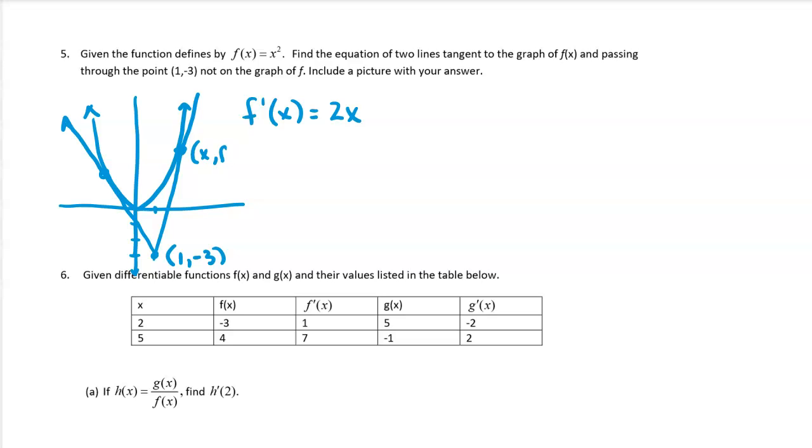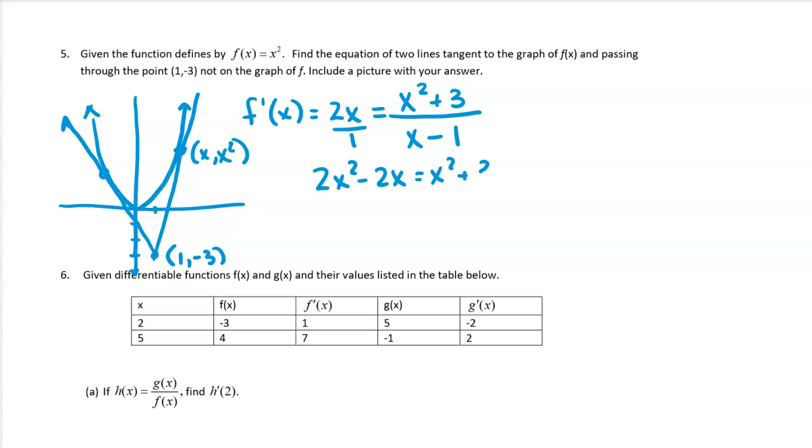And I might as well go ahead and put in f of x or y is x squared. So I'm going to set the derivative equal to good old-fashioned slope. So x squared plus 3, y2 minus y1 over x2 minus x1. And I'm going to cross multiply. And get x squared minus 2x minus 3.